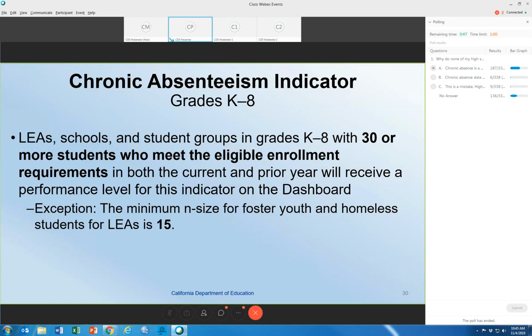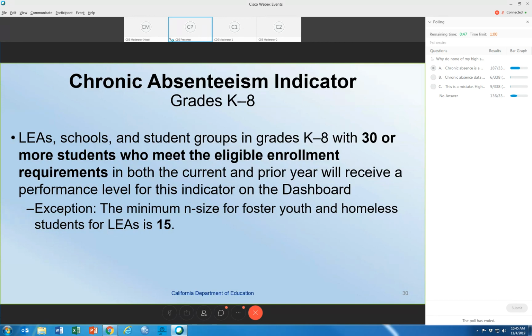And there is some question about the home hospital exclusion. How does it work? It's unclear. Does the dashboard know to reduce enrollment days by the number of home hospital days? And the answer to that question is CALPADS has instructed you to exclude those students from the chronic absenteeism data when you submit your data file.